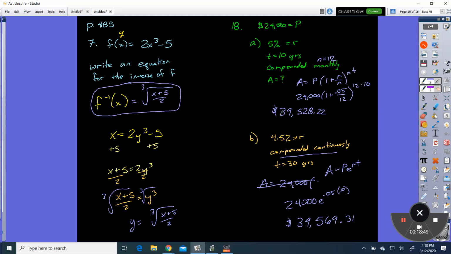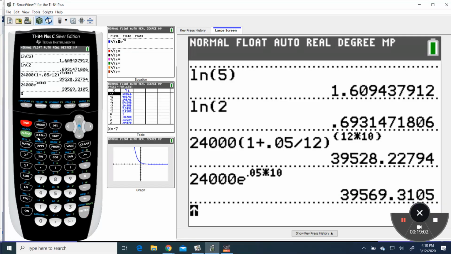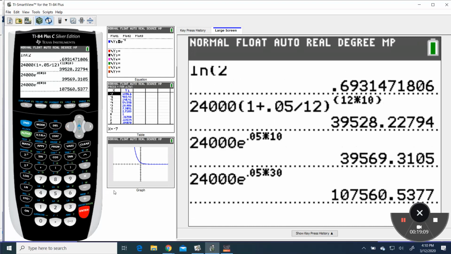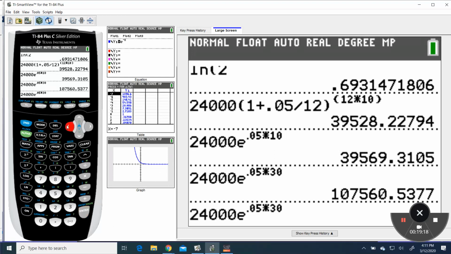So that was number 18. Oh, this was 30 years. Sorry, I messed up on that. So I go back to this. I'm going to hit second enter. Change that to a 30. That's going to be a lot more money. And their interest rate was probably different too, and I didn't look at it that close. Yeah, it's 4.5. So there should be a 4 in front of that.